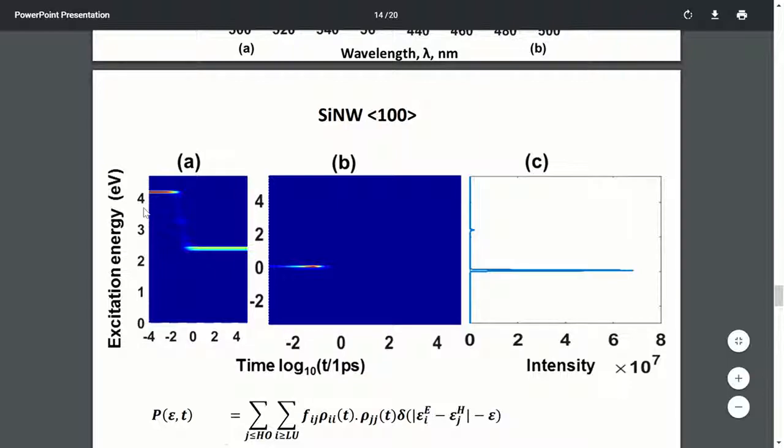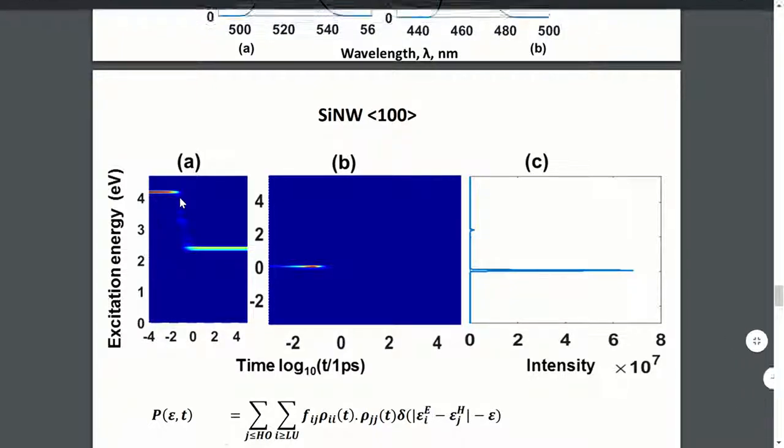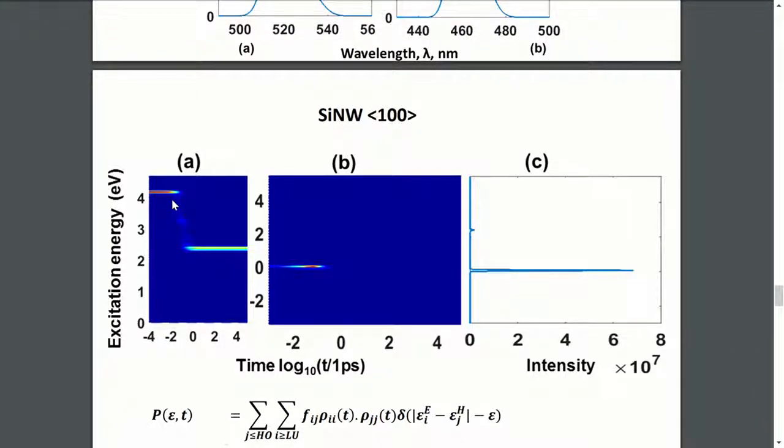Here the energy is approximately 4.5 electron volts, and we can see this energy dissipation in this range.